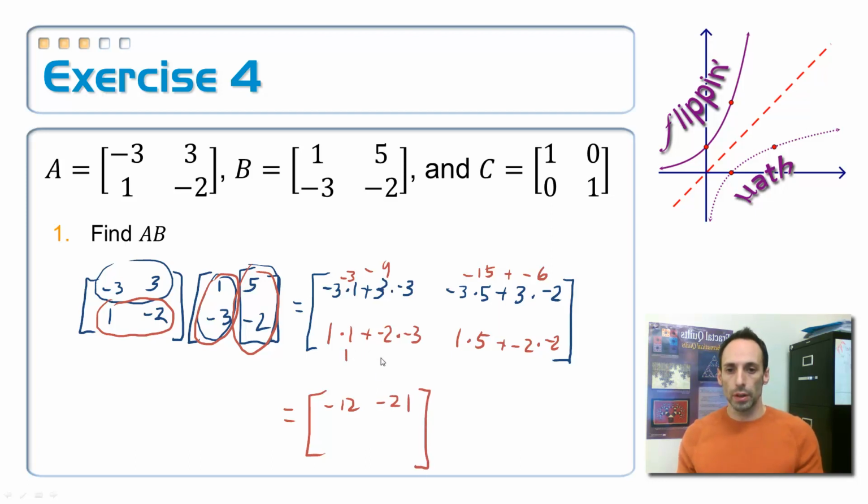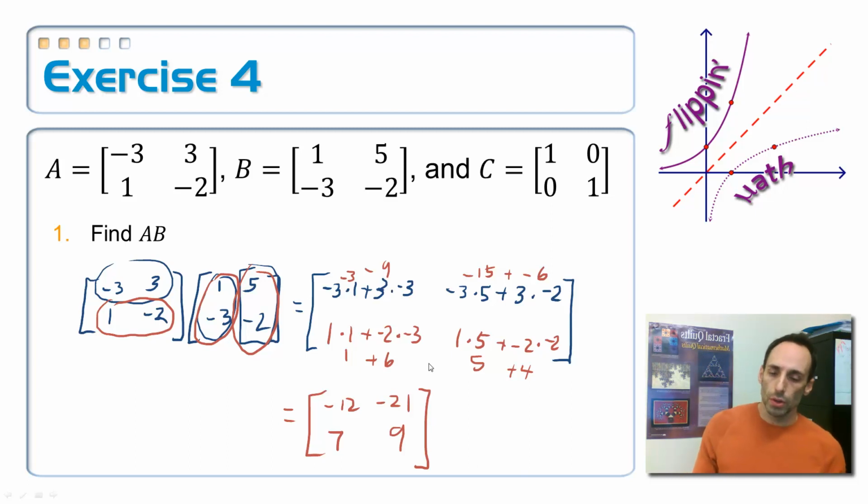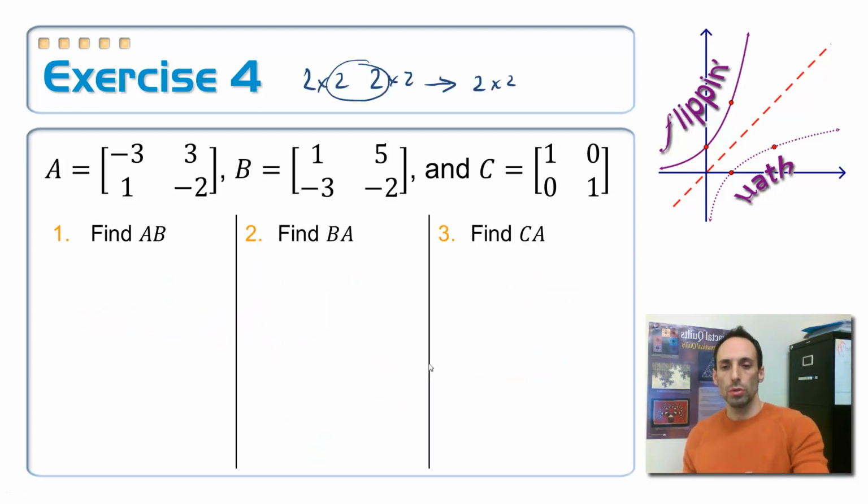Okay, down here I got a 1 plus 6, so that's a 7. And then for the final entry I got a 5 plus 4, that's a 9. Okay, so let me go back here, remind you that now I want you to pause the video and do B times A, and then also do C times A, okay?